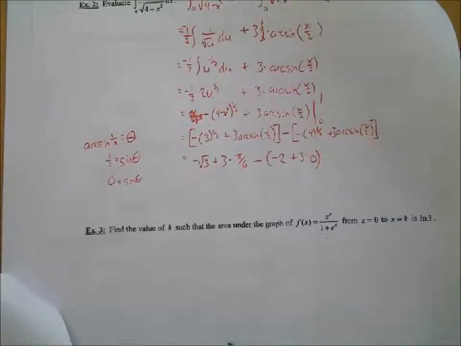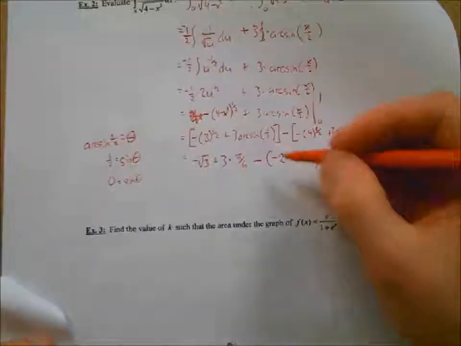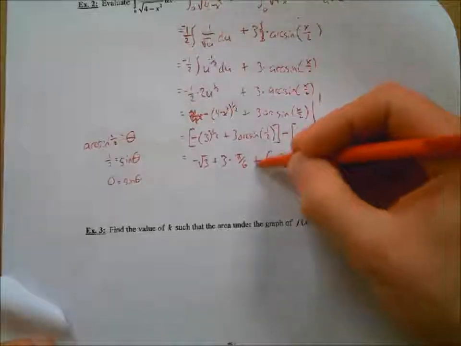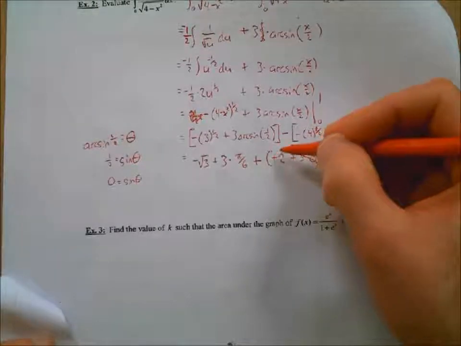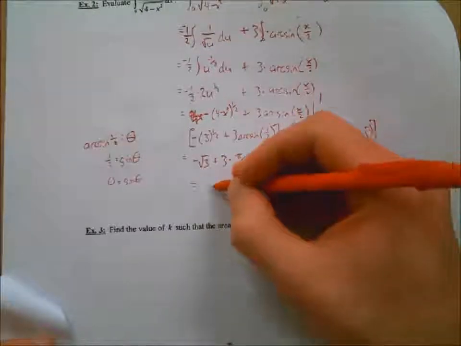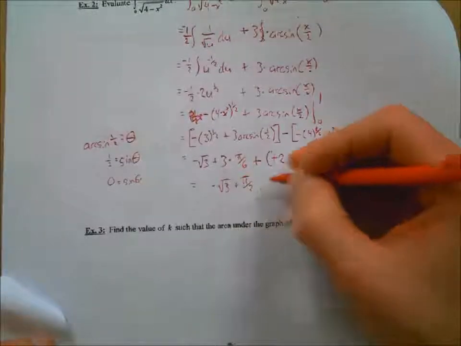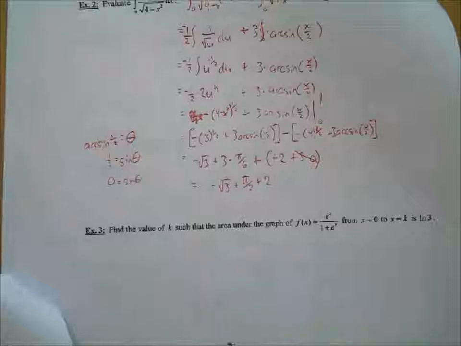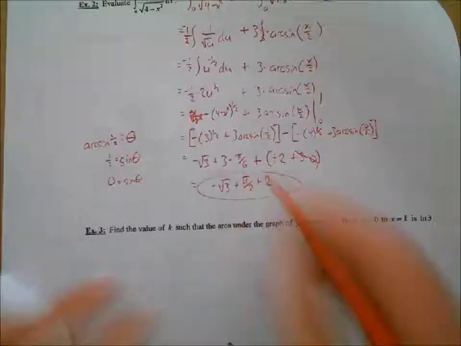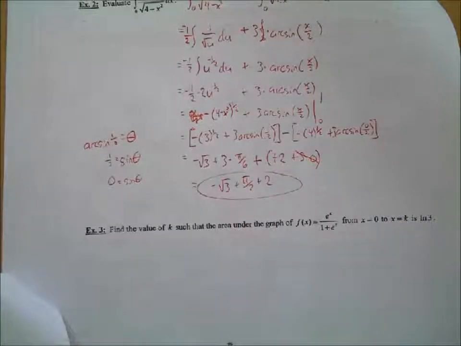So that'll just be 0, and we're subtracting a negative 2, so it becomes plus positive 2. So then it'll be negative root 3 plus pi over 2 plus 2. And that's our final answer there.